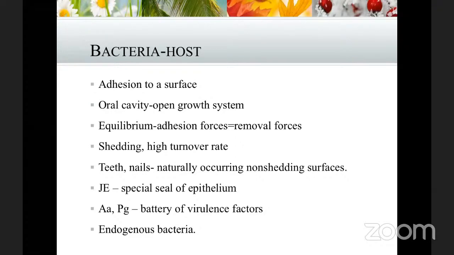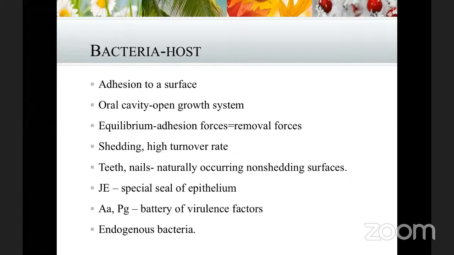All different types of microorganisms have different batteries of virulence factors, with different abilities of adherence activity, such as Actinobacillus actinomycetemcomitans and Porphyromonas gingivalis.